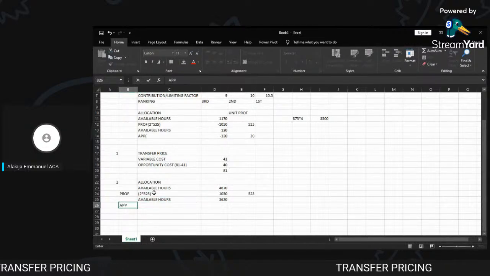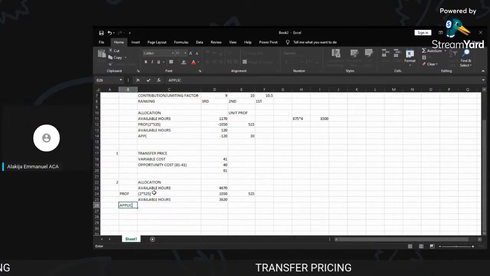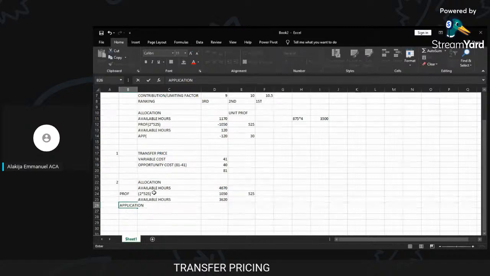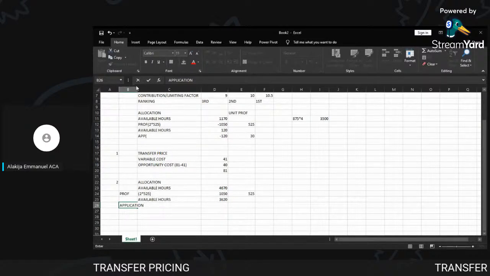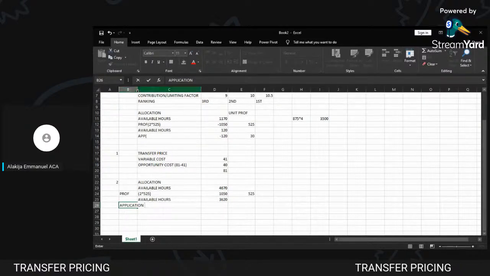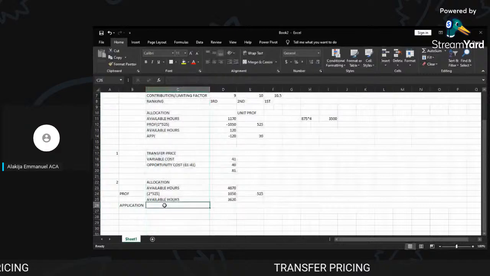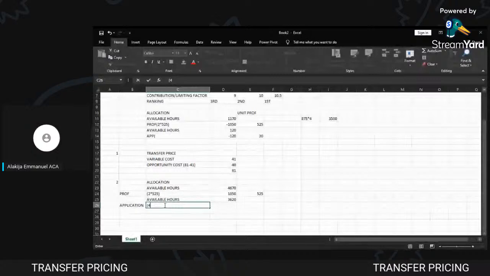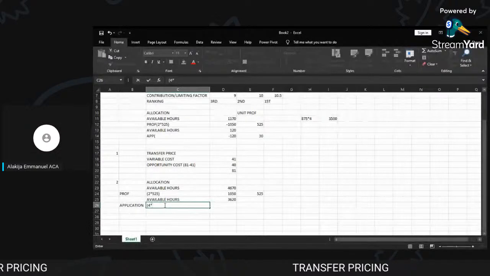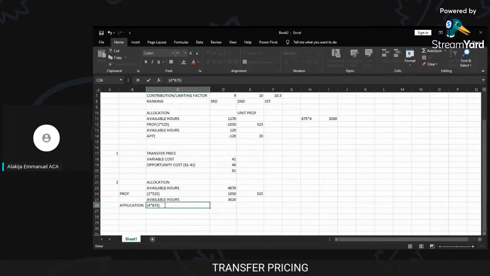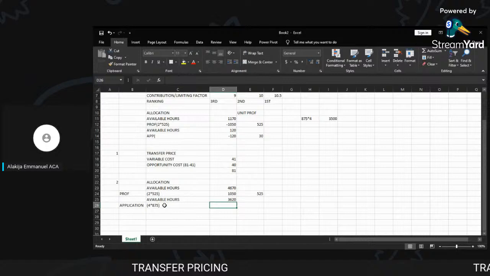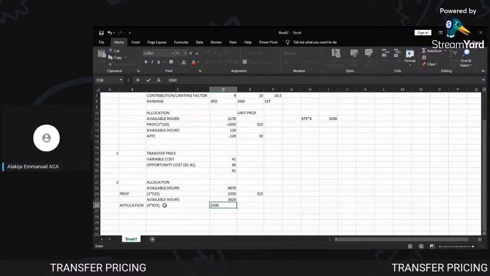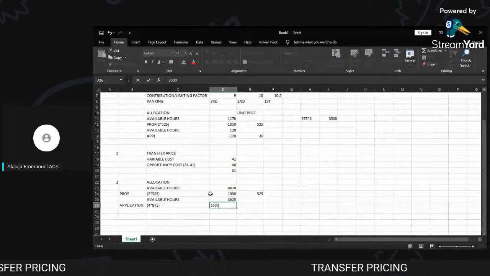Then application goes again. Application needs 4 hours per unit, and wants to produce 875. Producing that gives a total of 3,005.